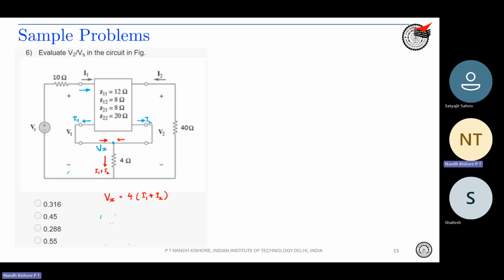Now that we know what Vx is, we can write what Vs is as well. Vs is 10 I1, just apply KVL, right? Plus V1 plus Vx.